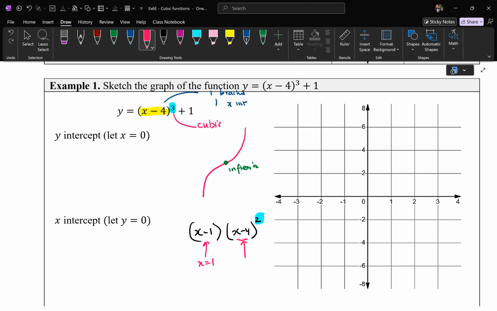For this one, you would say x equals 4. So there's 1, there's 4, but just like Namafi said, there's going to be a turning point right at x equals 4. So it has to cross through 1, come back and then turn at 4. Has to be like that.